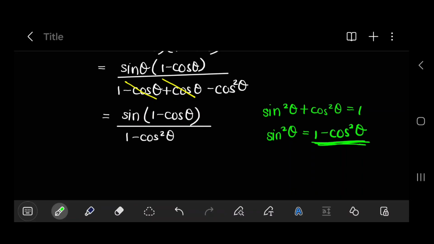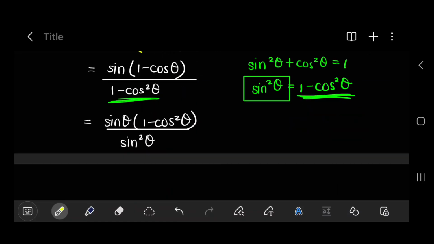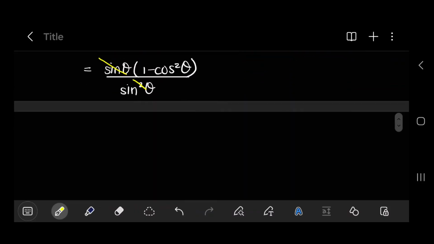Notice what you now have on the right-hand side matches the denominator, which means that the denominator is actually equal to sine squared theta. So let's replace the denominator with that. So here's what we have. We've replaced the denominator with sine squared theta. And now the sine theta from the numerator cancels out with one of the sine theta from the bottom. So what we're now left with is 1.